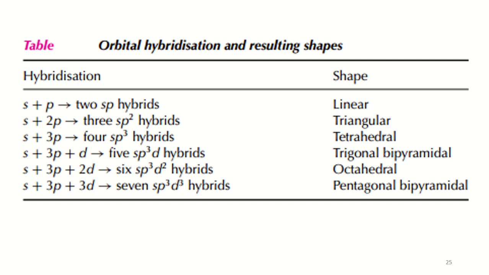So sp hybridization yields linear geometry, sp2 yields triangular, sp3 is tetrahedral, sp3d yields trigonal bipyramidal, in the case of sp3d2 the shape is octahedral, and sp3d3 pentagonal bipyramidal is the shape of a molecule that possesses sp3d3 hybridization.